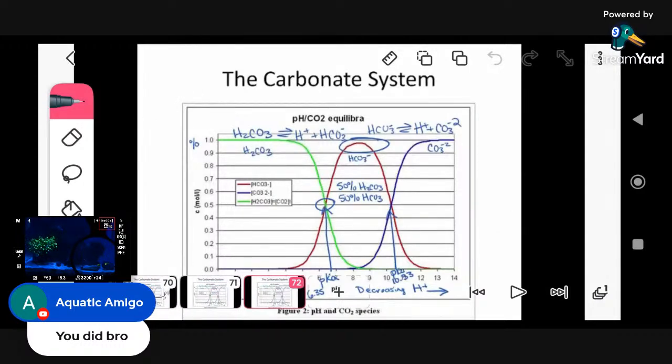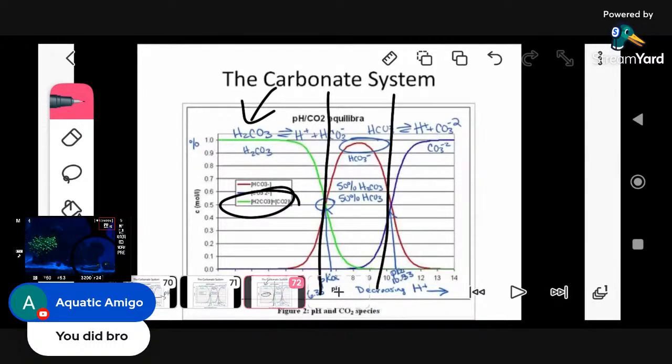So when your pH is low in your fish tank, you have a lot of carbonic acid. This green right here is carbonic acid. So when your pH is below, let's say 6, there's a lot of carbonic acid in the water, and that's dissolving your coral.